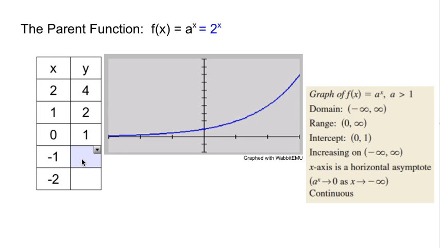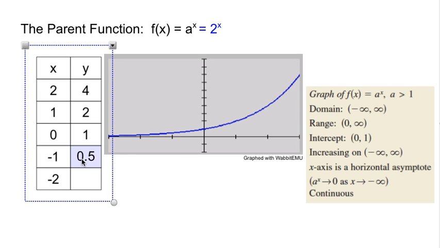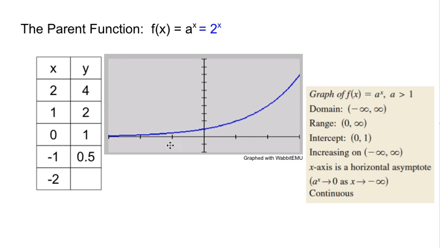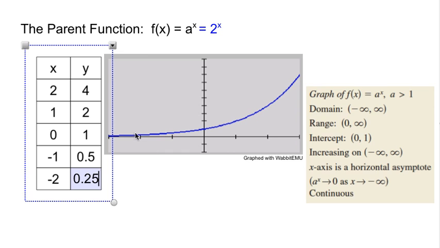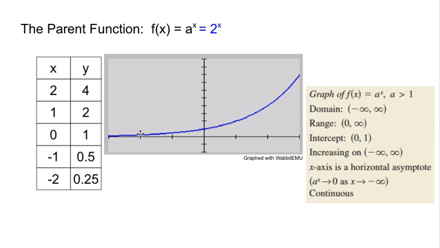But as we go to the left, if x is negative 1, we have 2 to the negative 1 power, which means we're going to put 1 over 2, which gives us 1/2. So here you can see we're at (-1, 1/2). And then when we plug in negative 2, we have 1 over 2 squared, which would be 1/4. Okay, and you can see here at -2, we're at 1/4.